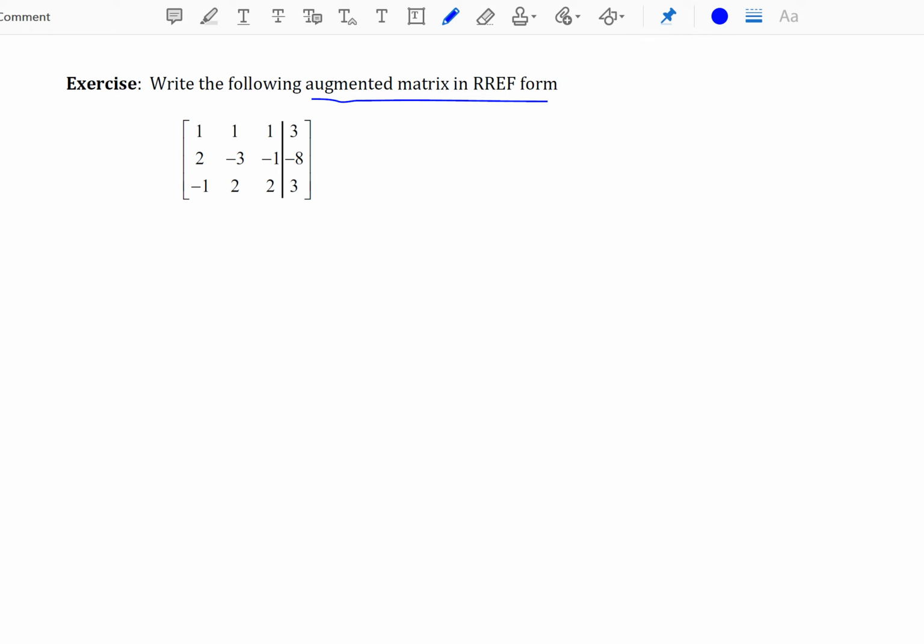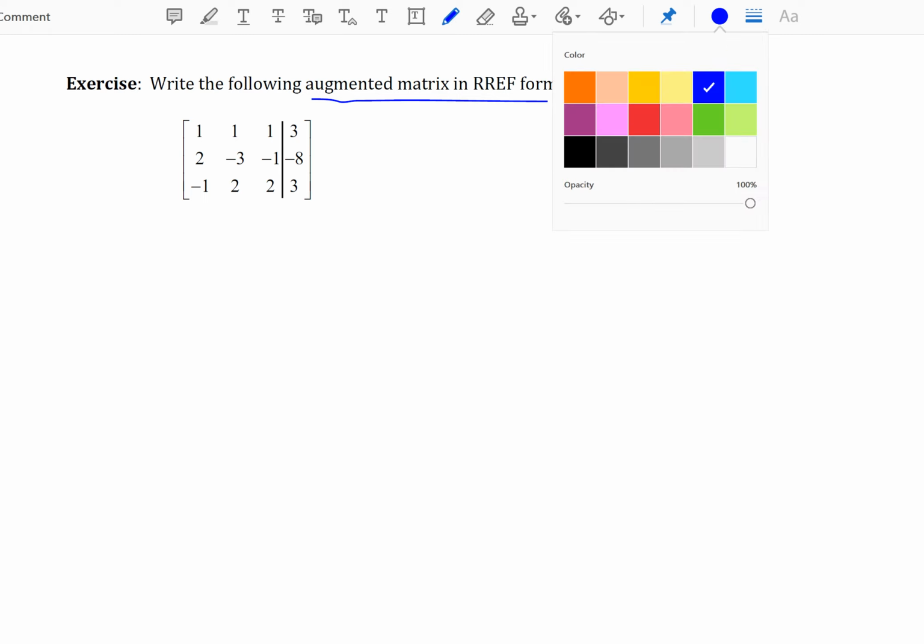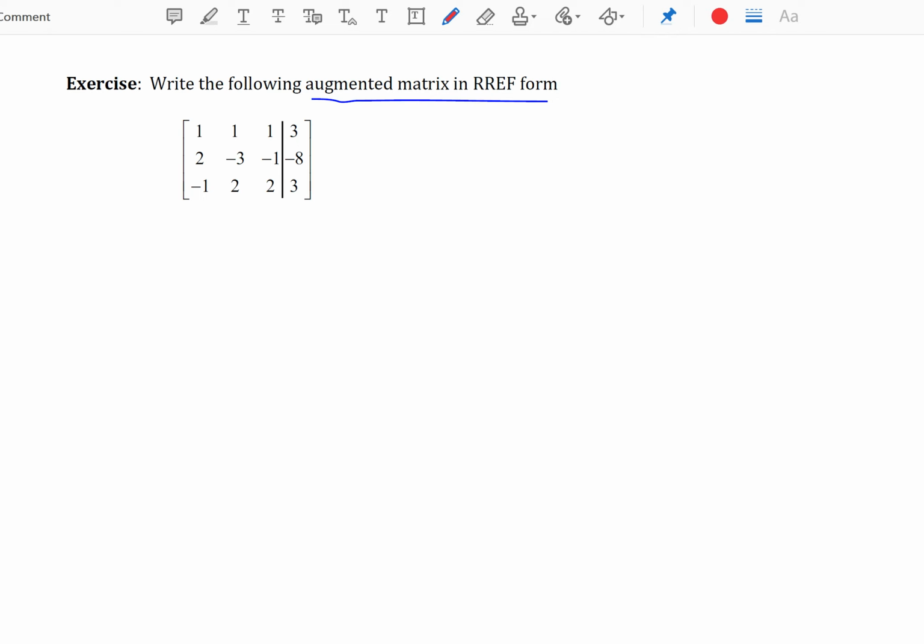Okay. Now in this example, we already have a 1 in this first diagonal position. I refer to this as the pivot number or the pivot position. And I'm going to use that pivot number to make what's below it turn into zeros.